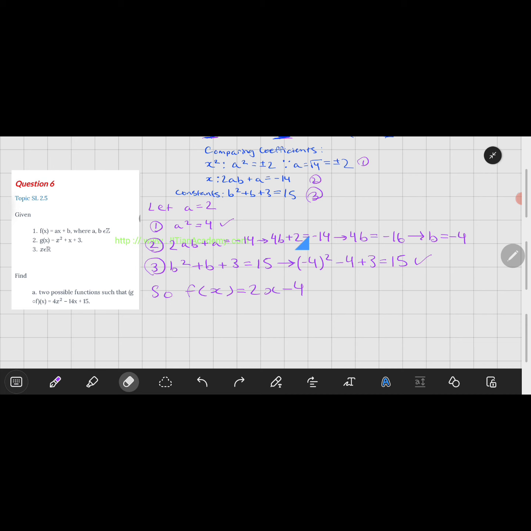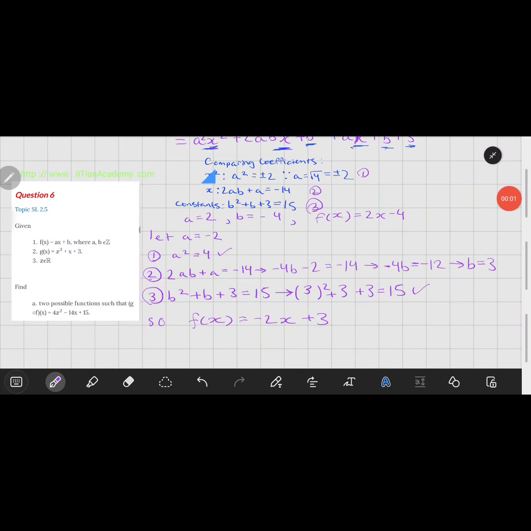Now we will let a equal negative 2 to evaluate our second scenario and all the existing conditions. Then we can see that a squared equal to 4 is indeed satisfied, and if we evaluate our second condition to solve for b, we substitute our a value in, and we get negative 4b minus 2 is equal to negative 14.